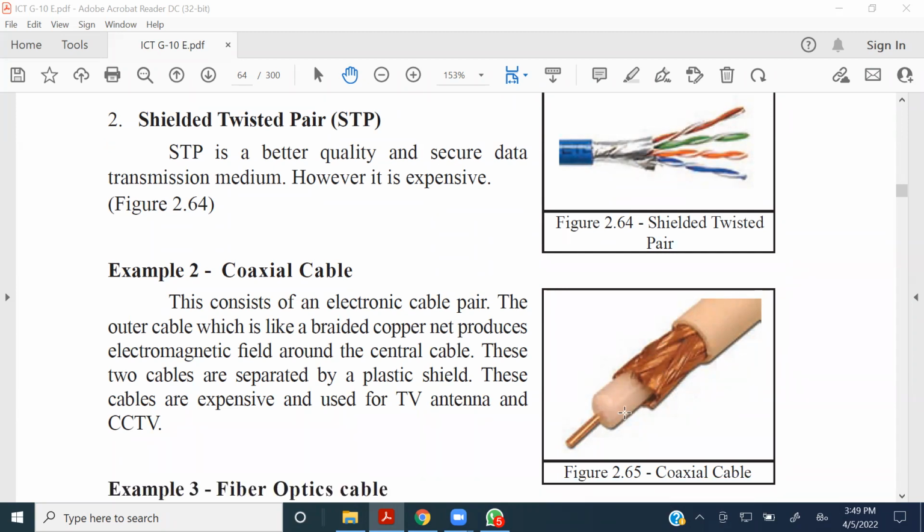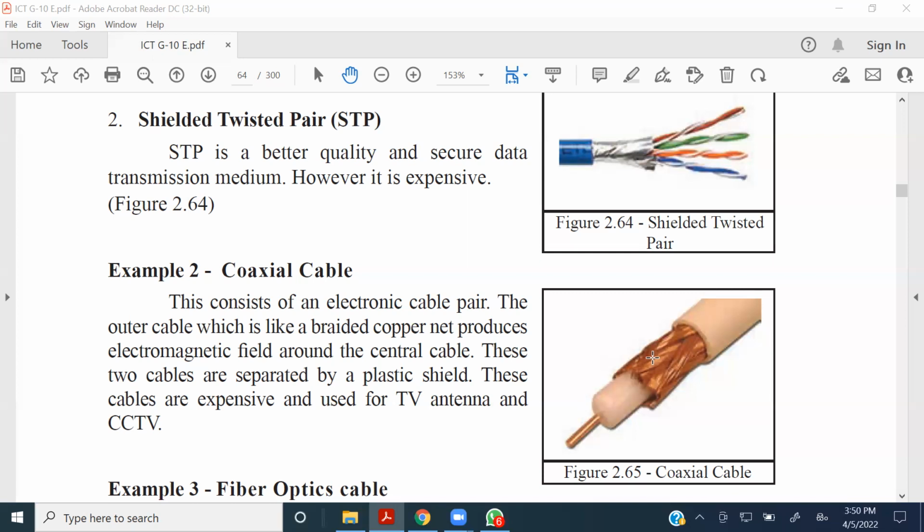And there is a copper mesh, which is separated by an insulator between the center copper cable and the mesh. Covering that, it has a very thick coat which helps protect the copper mesh from the outside or environmental factors.